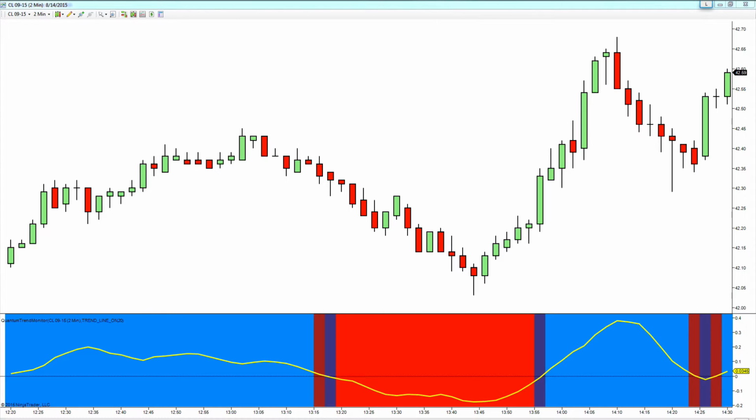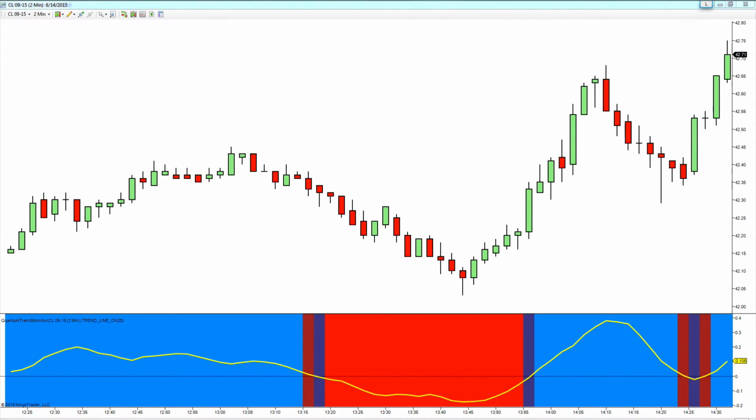And the important point there is to note that if you were thinking of going short at that point, the market, whilst it reversed, was not strong enough to signal on the trend monitor a complete transition through to bright red.